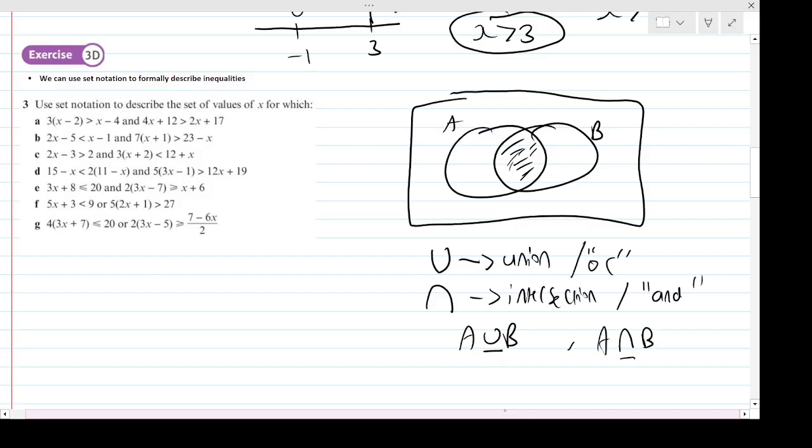They sound vaguely similar phonetically. That's how you can sort of remember what each of these two shapes mean. Okay, so hopefully you're familiar with what these shapes mean.